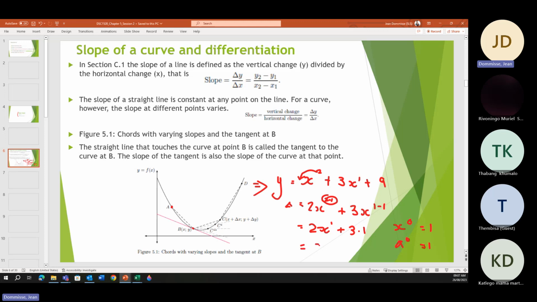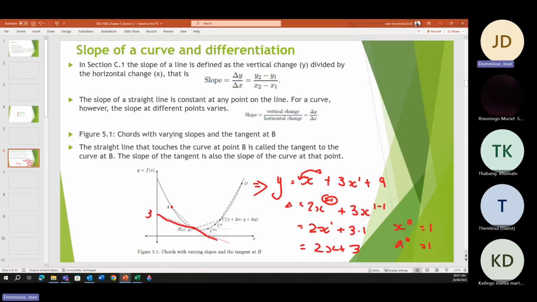Your differentiated formula would be 2x plus 3, and this would probably be the one going through there. You have your 3 there, and your x will be somewhere on this line. So whenever you differentiate your quadratic equation, you get the touch line of that quadratic equation.